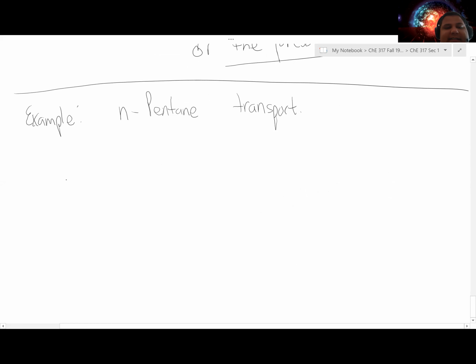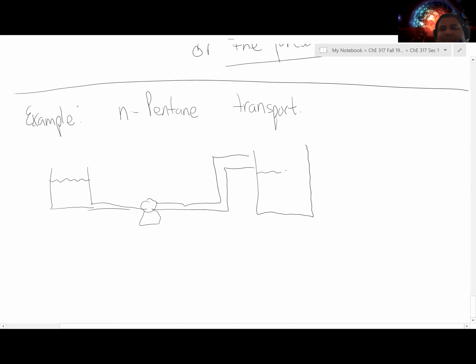I've got a supply tank, I'll leave it open to the atmosphere, it makes my life easier. And I've got a pump, and I'm going to a storage tank. Maybe it's a little bit bigger.